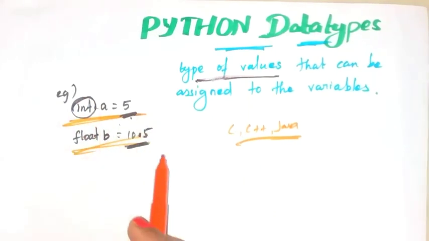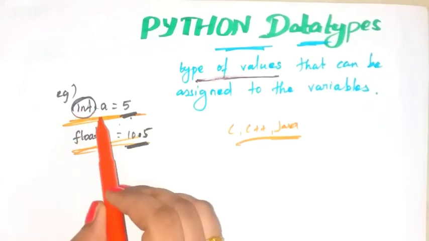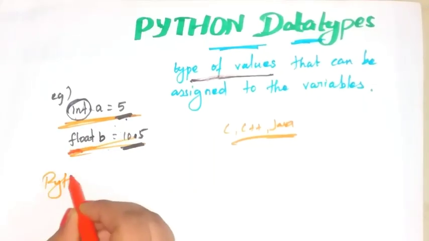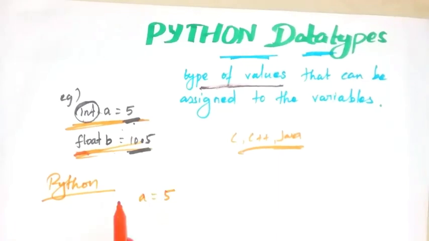But Python is a dynamically typed language, so there is no need to declare the data type of values explicitly. When you write the Python program a is equal to 5, there is no need to specifically declare the data type of the variable, because the Python interpreter itself predicts the data type based on the type of value assigned to the variable.